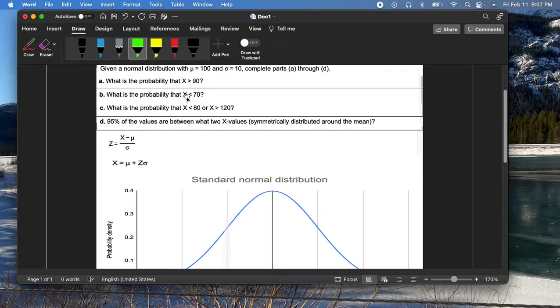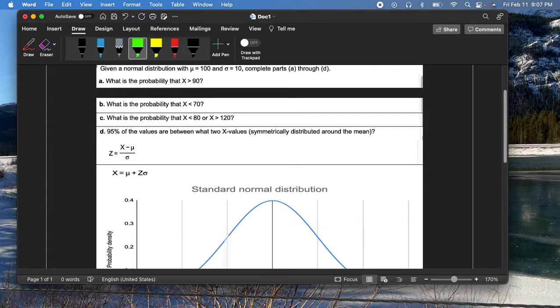The first thing we need to do is convert this X value into a Z value. So Z equals 90 minus 100, divided by 10. 90 minus 100 equals negative 10, divided by 10 equals negative 1.